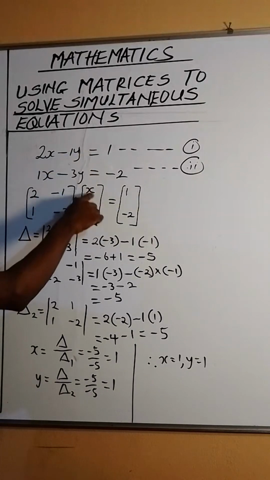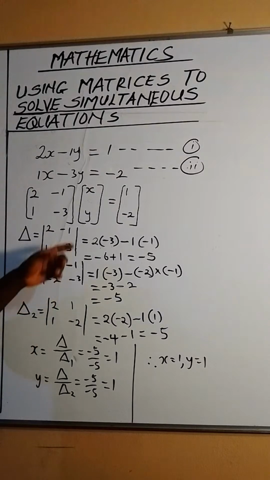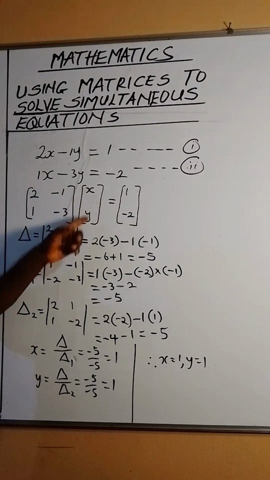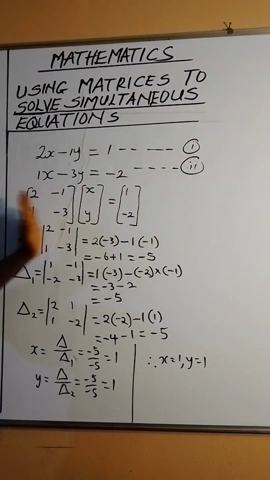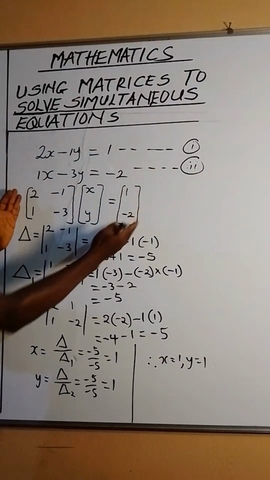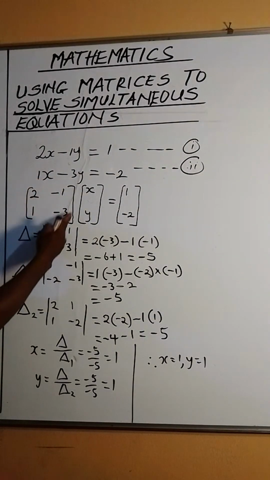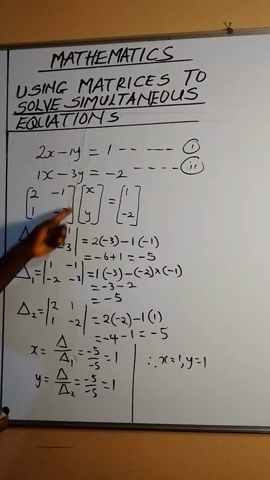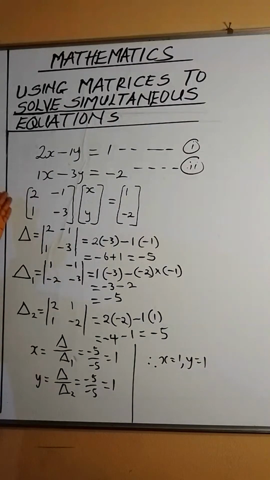Then we place our x and y here, the unknown variables, equals to the constants written here. So this is how to arrange the system of equations. Now, what we'll do first is to find the determinant of this matrix that we got from the coefficients. When we find the determinant, this is how to write the determinant.